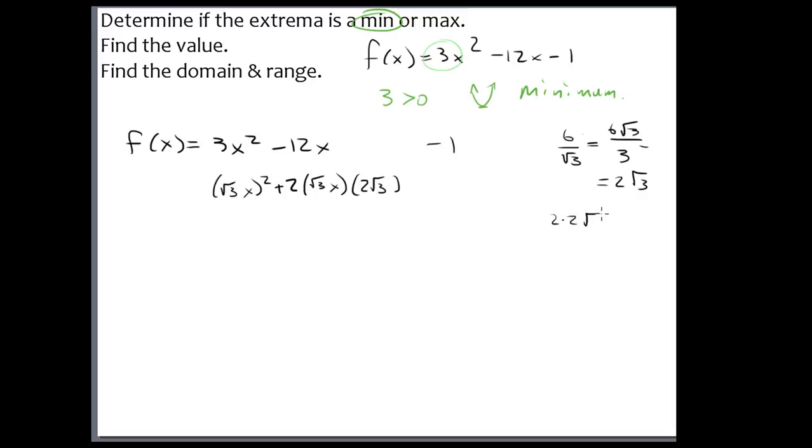2 times 2 times the square root of 3 times the square root of 3. 4 times 3, it checks out. So I've got to add that squared, I've got to add 12, and then I've got to subtract 12.